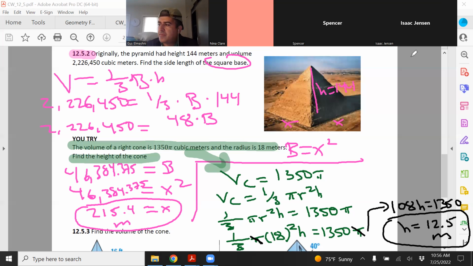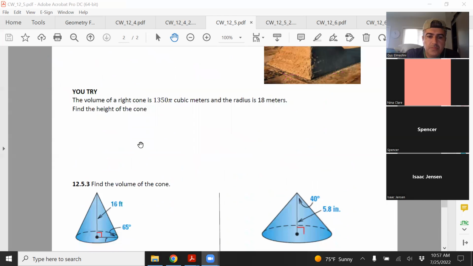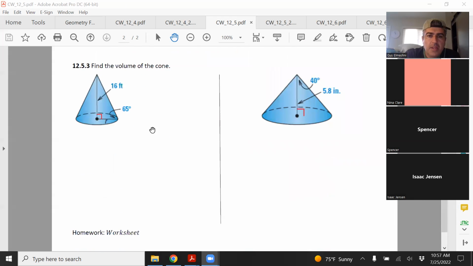Okay. So you're doing 2 more problems that will involve some trig. Actually, I'm not sure if we have to. No, we do need to do some trig here.